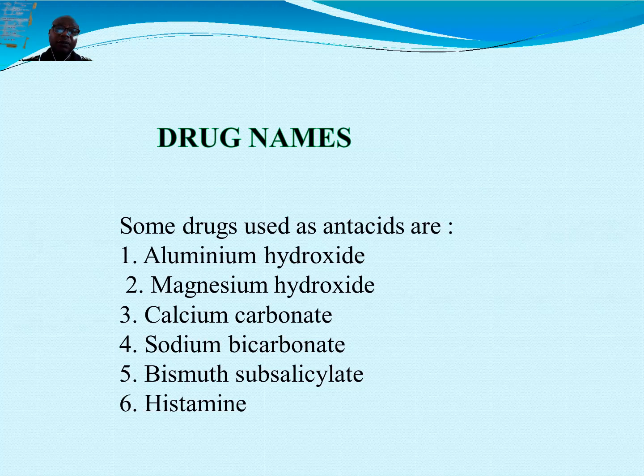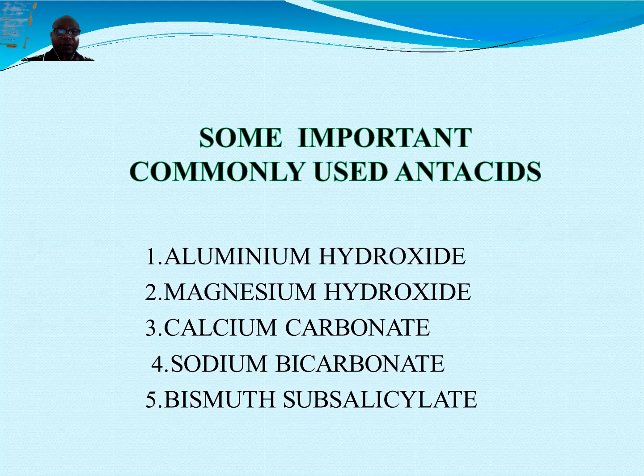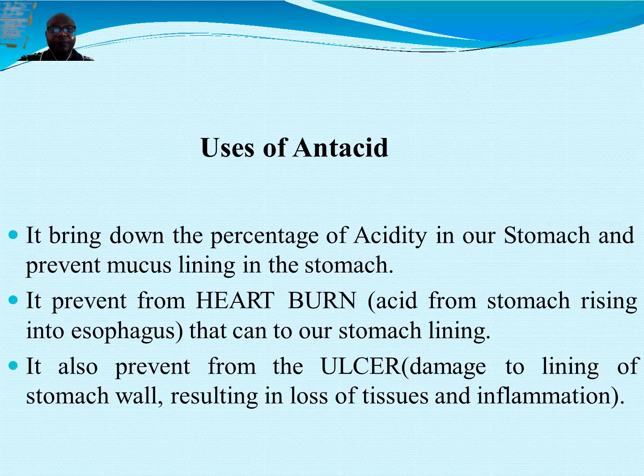Histamine causes inflammation and also stimulates acid production in the gastric lining, so blocking it prevents acid production. So the important commonly used antacids are aluminum hydroxide, magnesium hydroxide, and calcium carbonate. Sodium bicarbonate and bismuth are the most commonly used types of antacid in our setup.